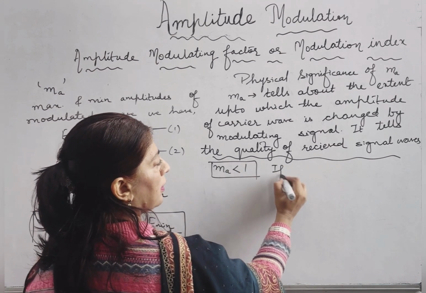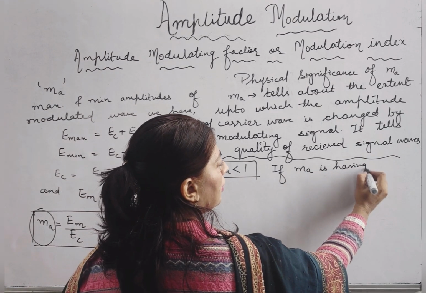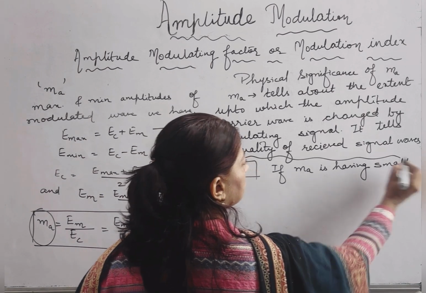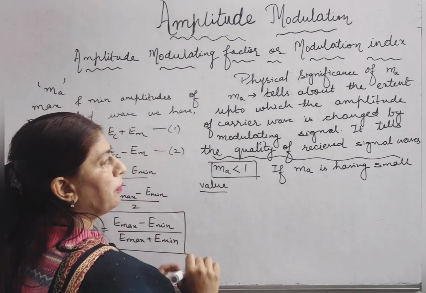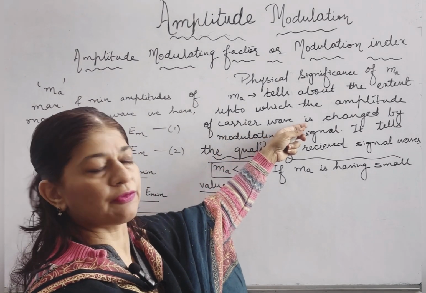If MA has a small value, what does it mean? It means the amplitude modification of the carrier wave is not efficient.